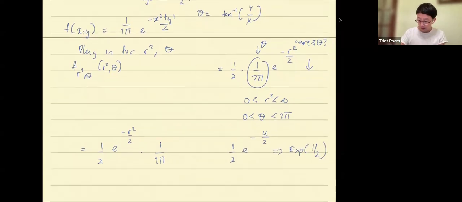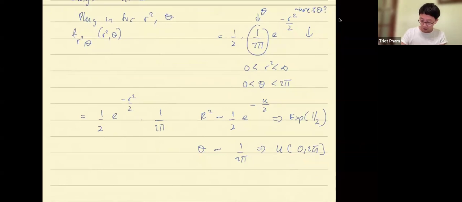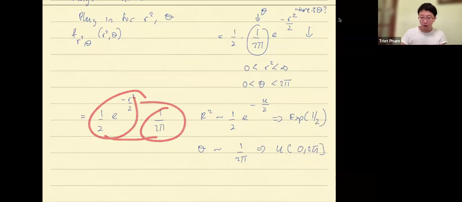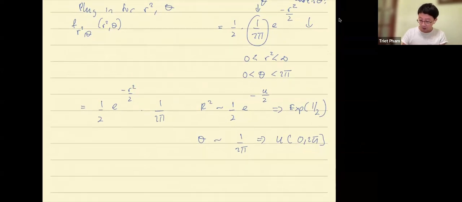And theta, because the density is 1/2 pi, is uniform from 0 to 2 pi. And more importantly, these two are a product. So basically r squared is independent of theta.